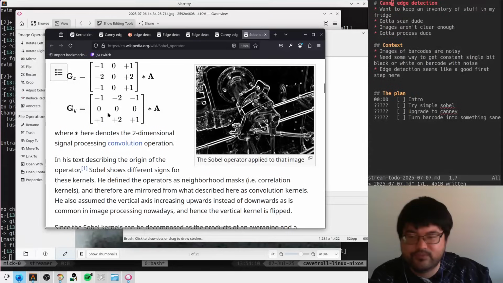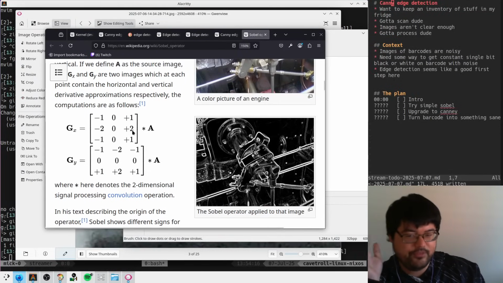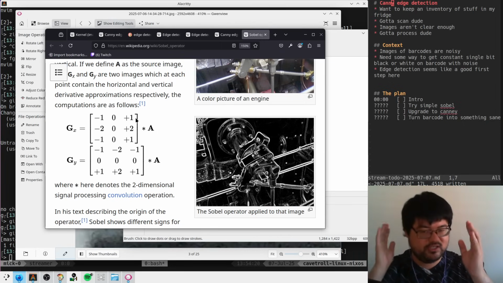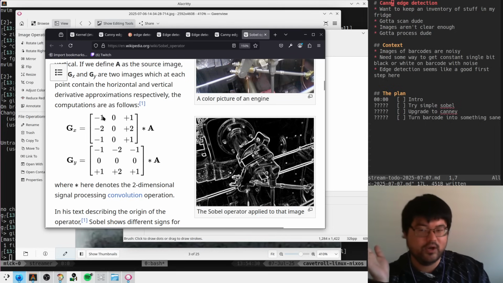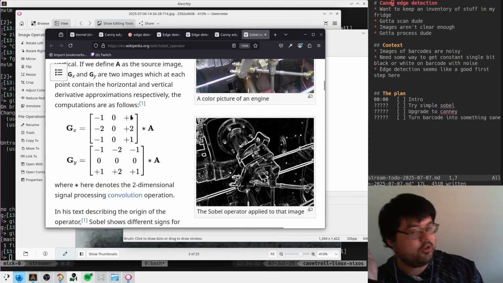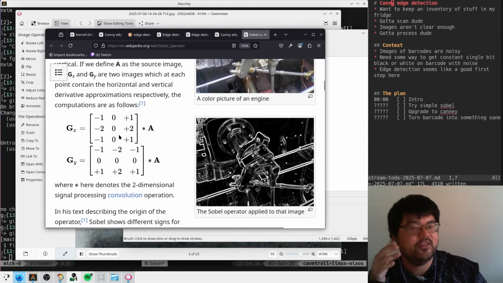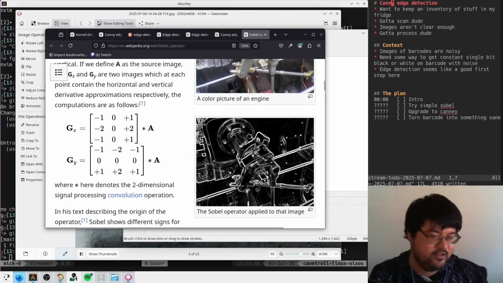So here, what they're basically saying is numbers to the left of me, above and below and directly to the side, those are negative. Things to the right of me are positive. And then you're basically multiplying the difference, right? So if you have a constant color, you'll get -1 times color on the left, +1 times color on the right, and those two things cancel out, right? But if there's a big difference, then this will become a large magnitude, and you might see a line, right?